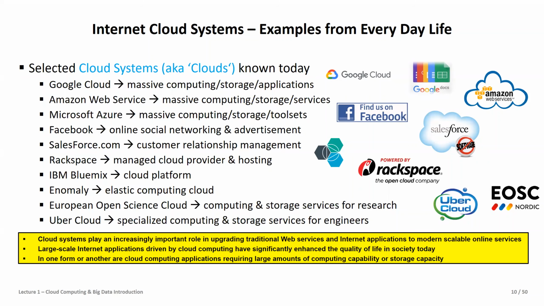Thinking about interconnecting with another research group or with other business partners with Google Docs is as easy as it never was. Having engineers working together in the Uber cloud is very easy, and even scientists can share data in the EOSC, the European Open Science Cloud, these days, and are encouraged to do so. So you see, this cloud paradigm really has significant impact in all our lives. It actually also can be seen as one of the major drivers why we can have apps today.